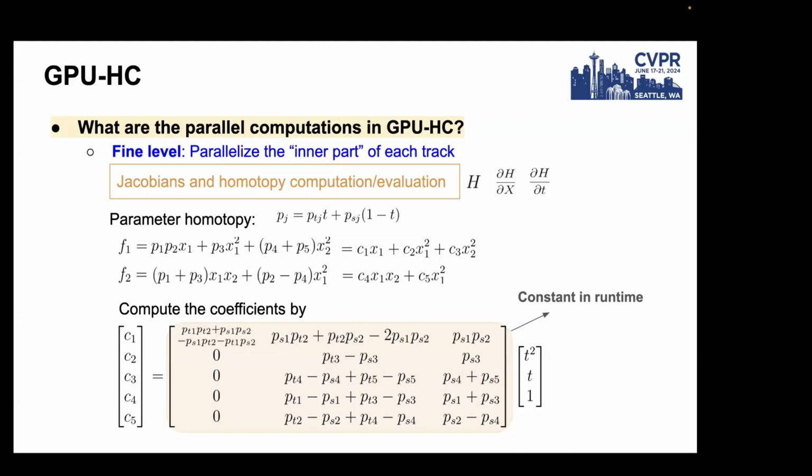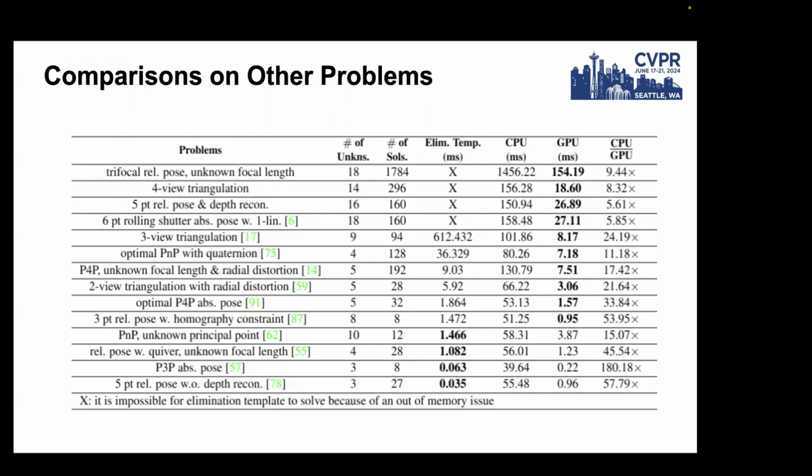So this trick will accelerate the whole path tracking quite a lot. A similar idea can apply to the computation of the Jacobians. Using all these three different tricks, we can further accelerate the runtime of homotopy continuation.